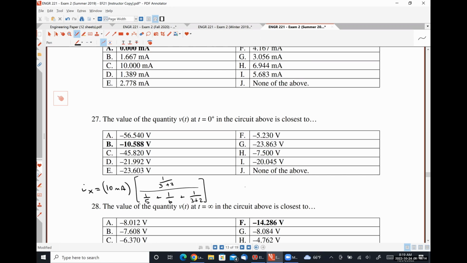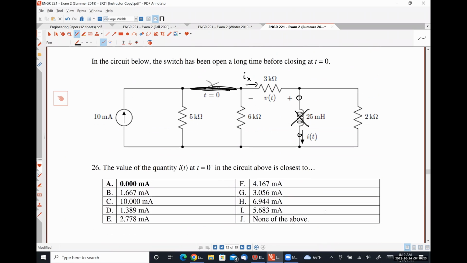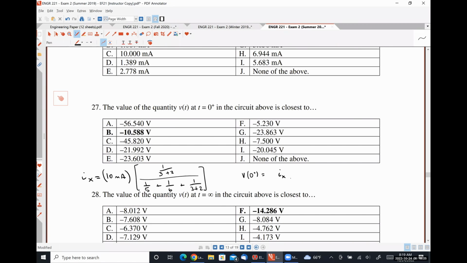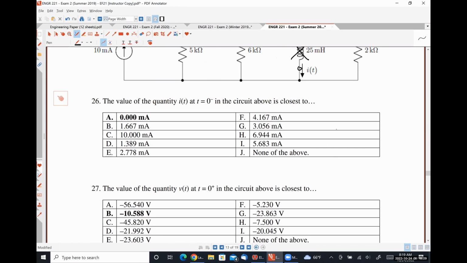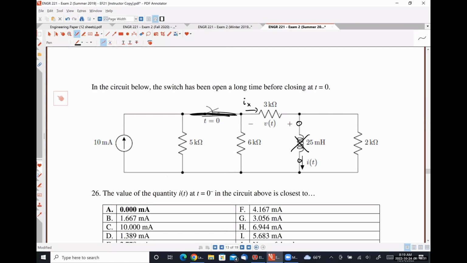Once I know IX, V of 0 plus is equal to IX times 3 kilo ohms. And then there's a negative sign out front because the current that I've labeled IX is flowing into the negative polarity terminal.